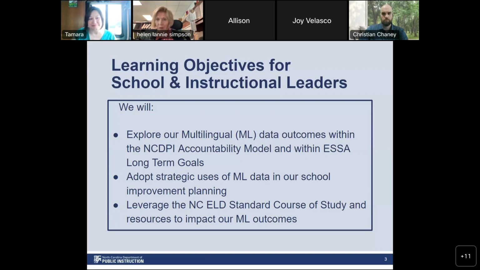Absolutely. And explore. I like that as well. So we'll explore data and we'll look at leveraging it for implementing the new standards. Support. Oh, that's a good one, Joy. We want to be able to support our teachers in implementing the new standards.